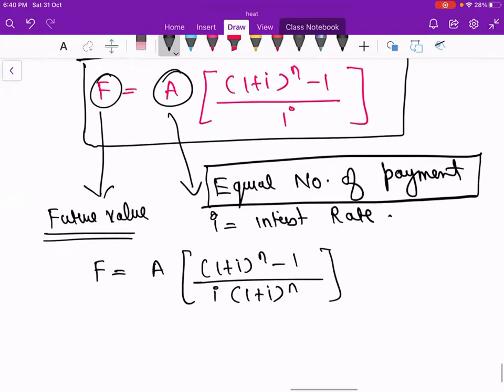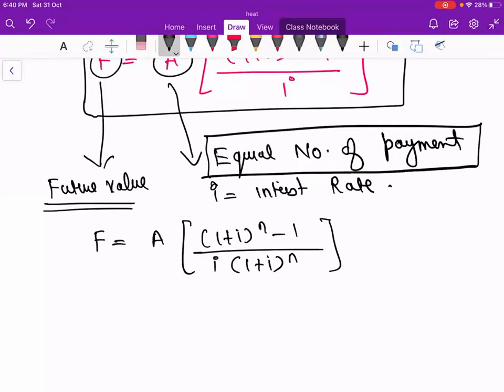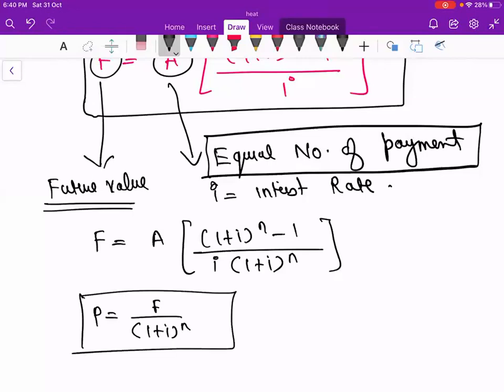So in short, present value P is F by 1 plus I to the power n. This we have derived. This is the compound interest formula. By default we always use compound interest, because the whole world has accepted it, all the banking system, all the things which run in the market.